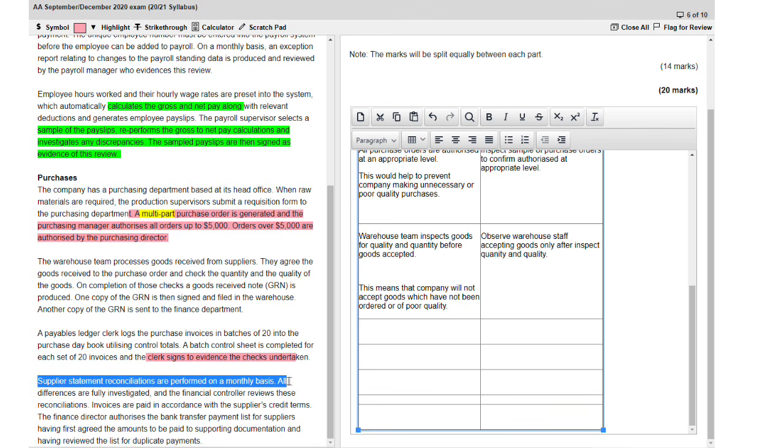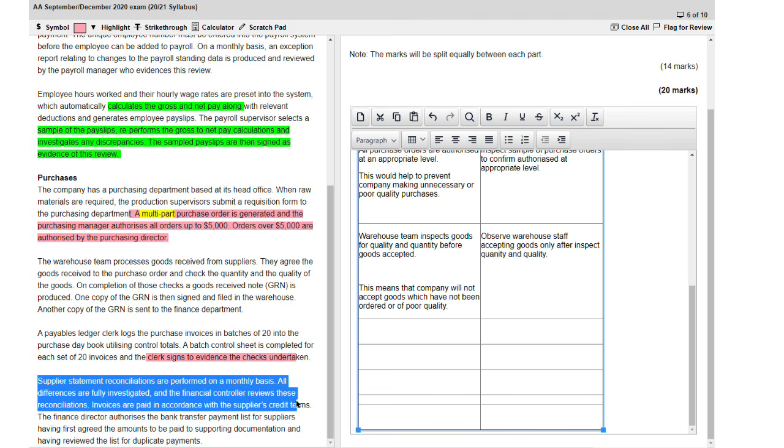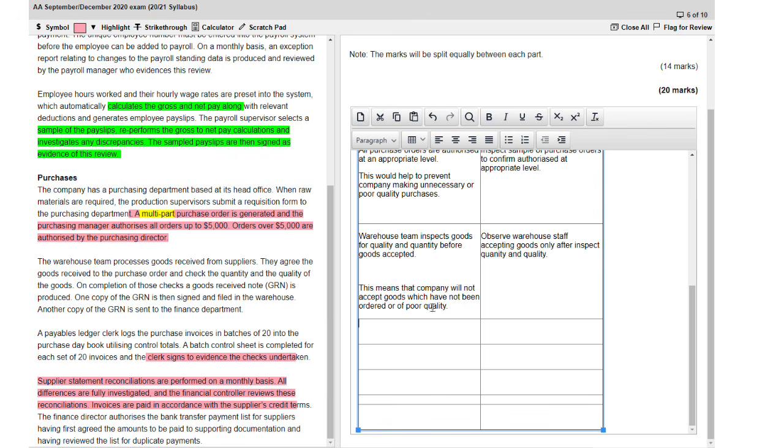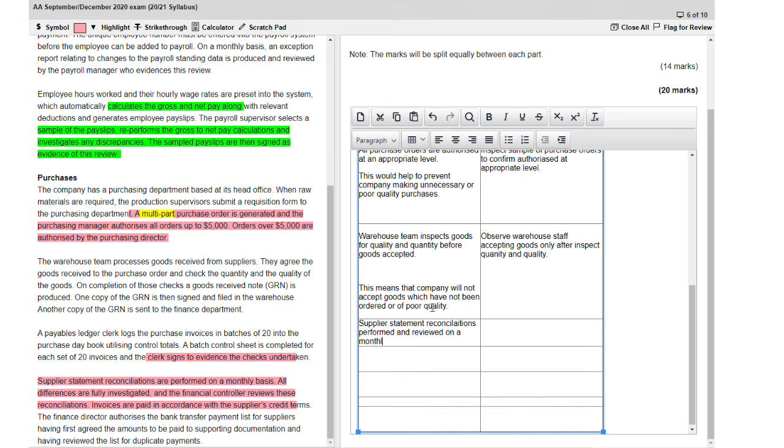They do supplier statement recs, and those supplier statement recs are reviewed by the financial controller. Now, if I say to my staff, do a supplier statement rec, they might not do it, so it's important that I review it. So, supplier statement reconciliations are performed and reviewed on a monthly basis.